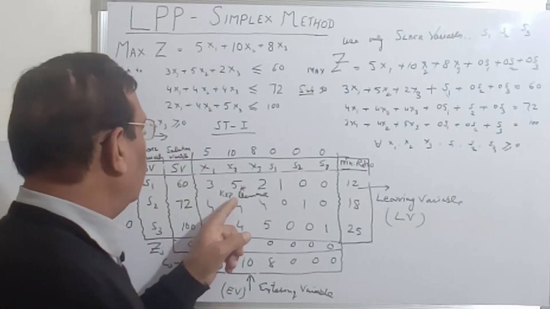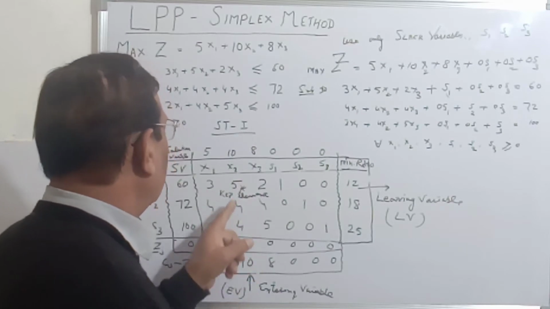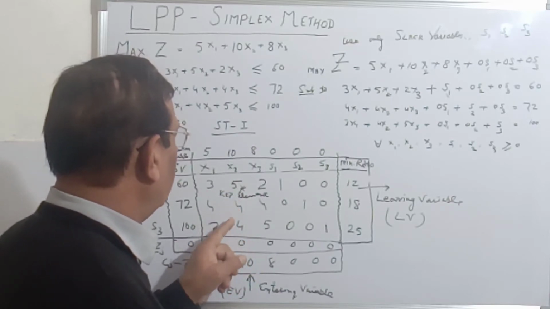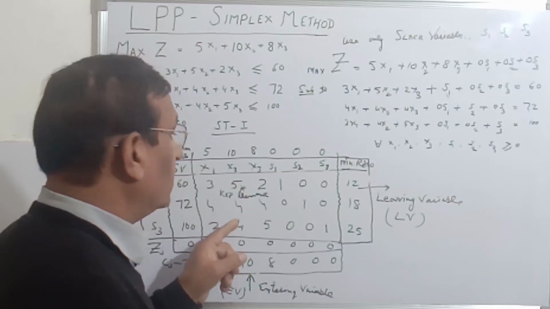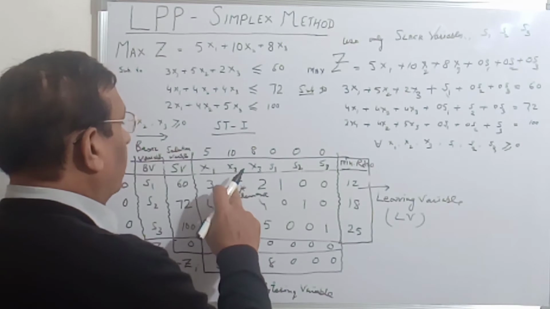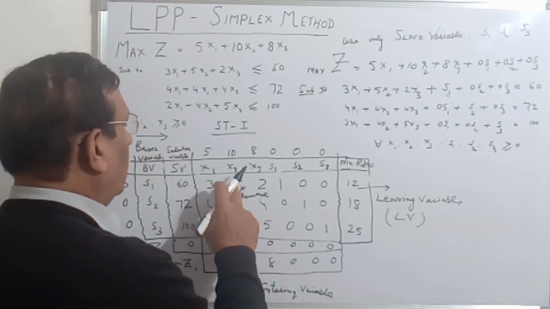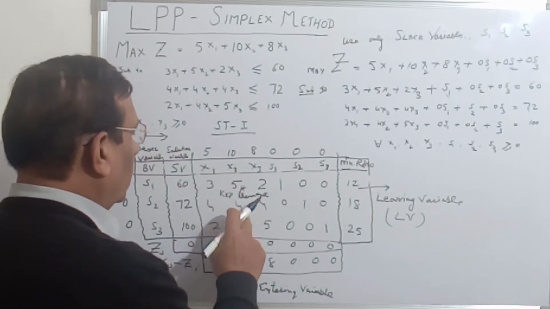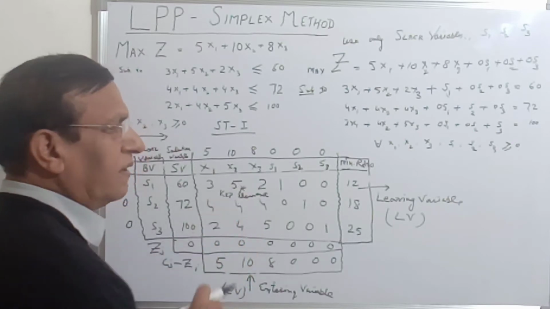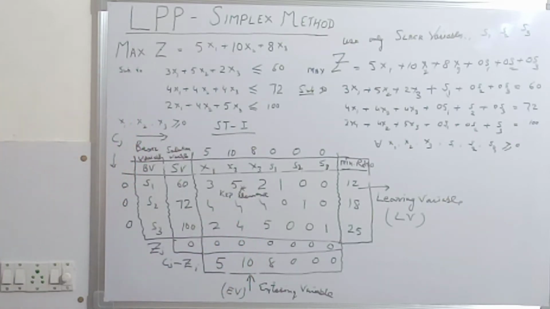And other elements lying in that column will be 0. Instead of 4 we want 0. If we get 1 over here, then we multiply with 4 and subtract from here. Similarly, subtract from here.